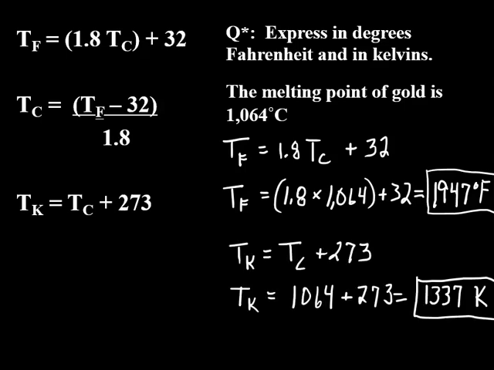When we convert this temperature to kelvins, temperature in kelvins can be calculated by taking the temperature in Celsius plus 273. So we'll take the temperature in Celsius, which is 1064, add 273 to it, and we get 1337 kelvins. The melting point of gold is 1064 degrees Celsius, which means 1947 degrees Fahrenheit, and it means 1337 kelvins.